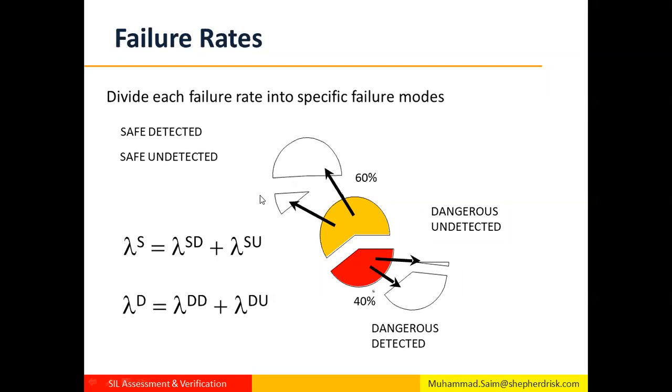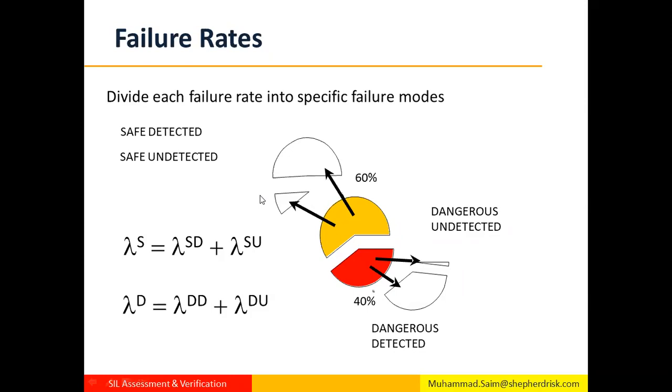Now, there are diagnostics in some of the hardware we use in our safety function, such as smart transmitters or PLCs. They have diagnosis, and some of the failures can be diagnosed or detected. Those are called detected failures, and those which are not detected are the undetected failures, and they are the matter of concern.